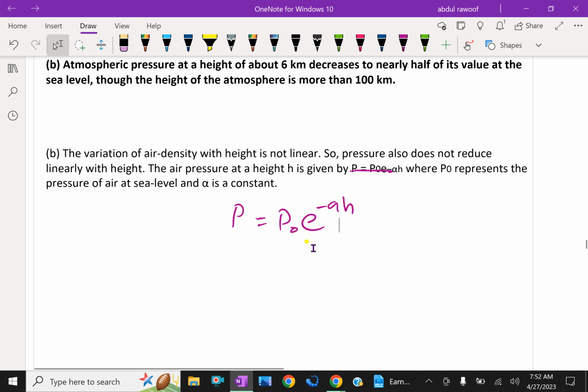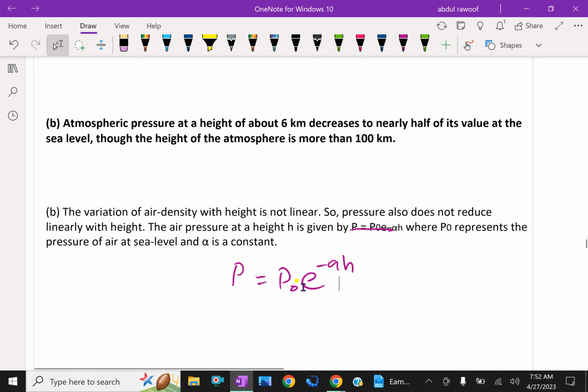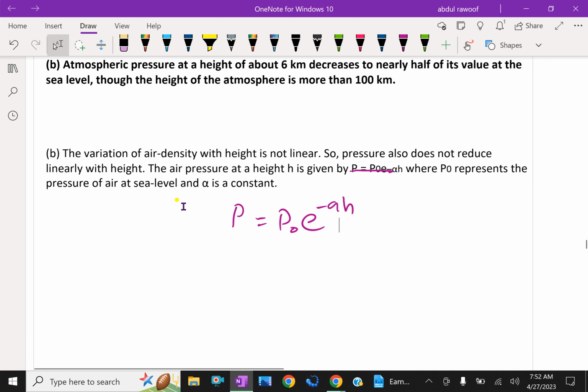P0 represents the pressure of air at sea level and alpha is a constant. Due to this exponential function, it is not linear, so this variation is not like what was given above.